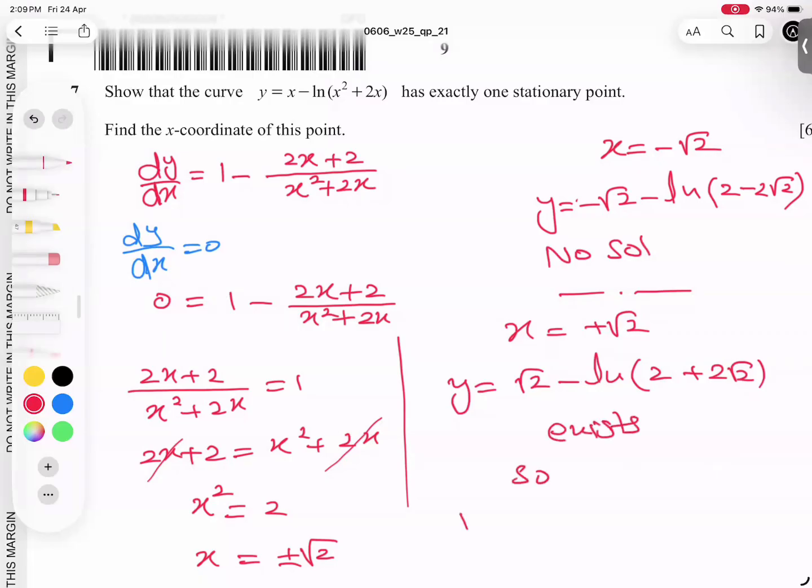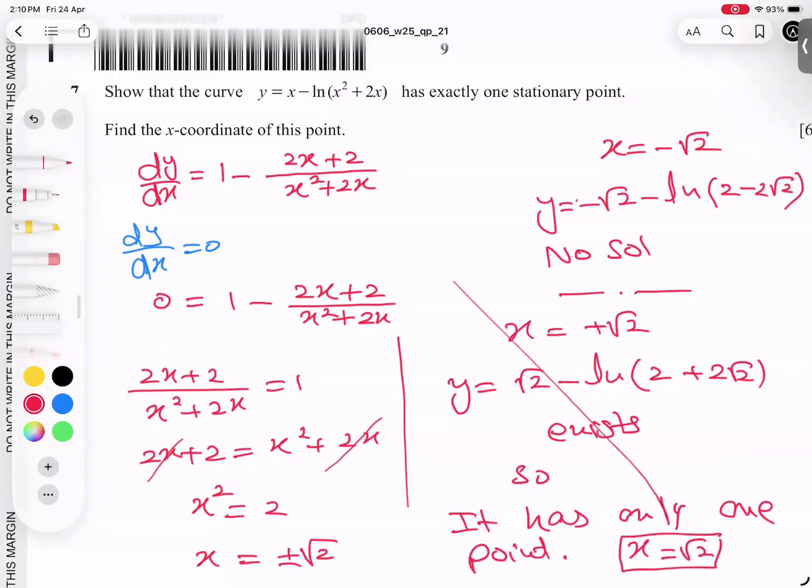So it has only one point, and that is x equal to positive root 2. I think the point is very clear. He is asking to find the x coordinate of that point, and we have done it. I hope the concept of the question is very clear.